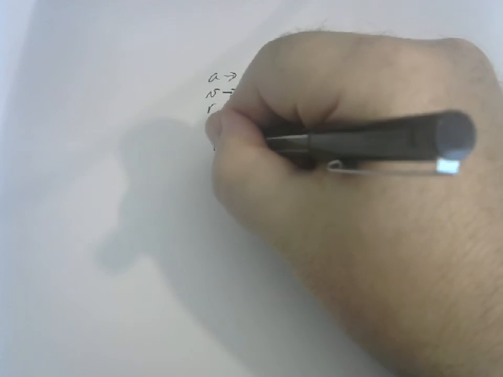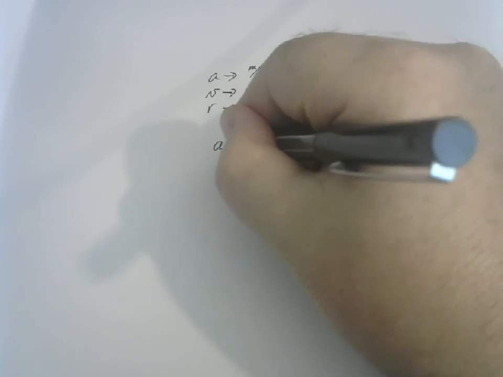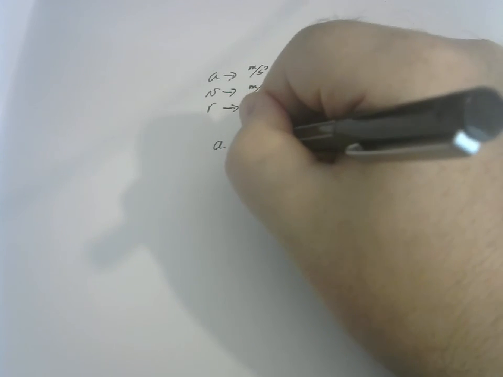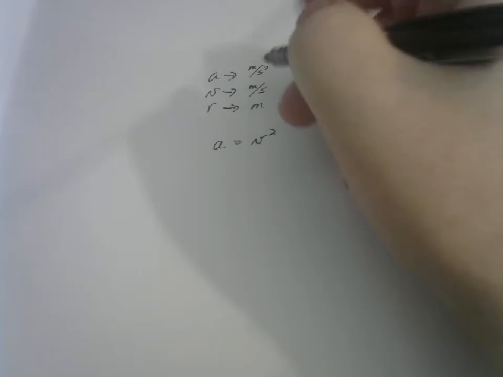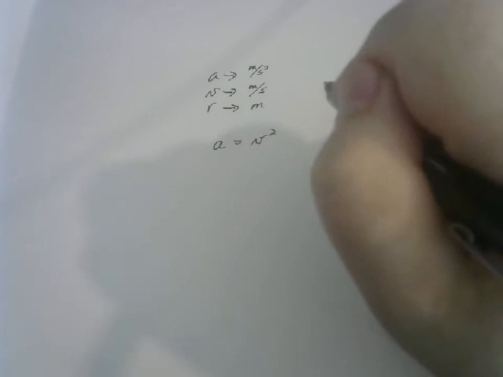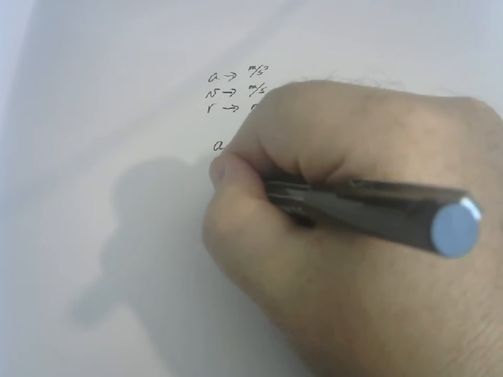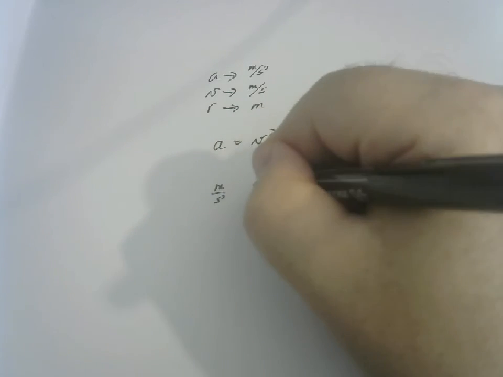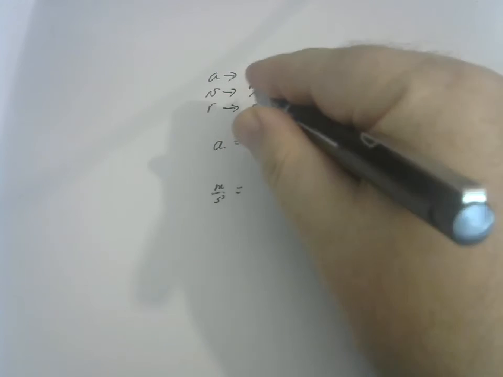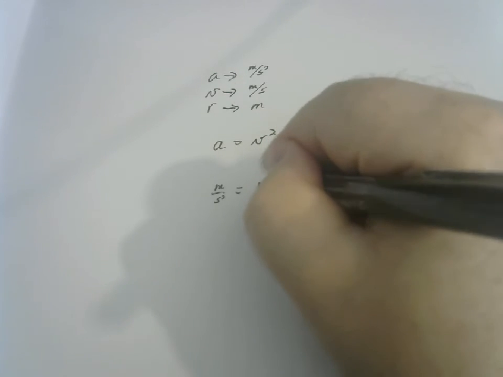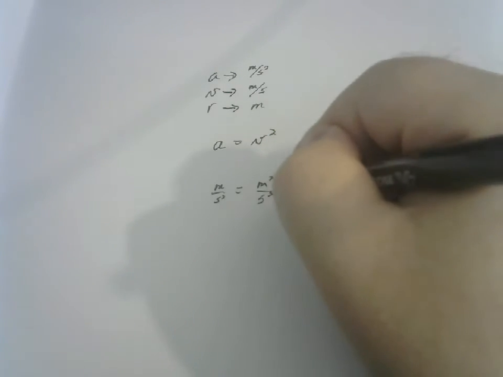So for this situation, I'm going to say acceleration equals v squared. Now we have second squared on the left, second squared on the right. But this leaves us with meters per second squared on the left and meters squared per second squared on the right.